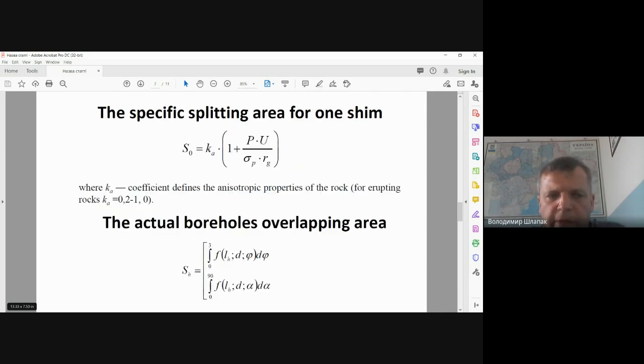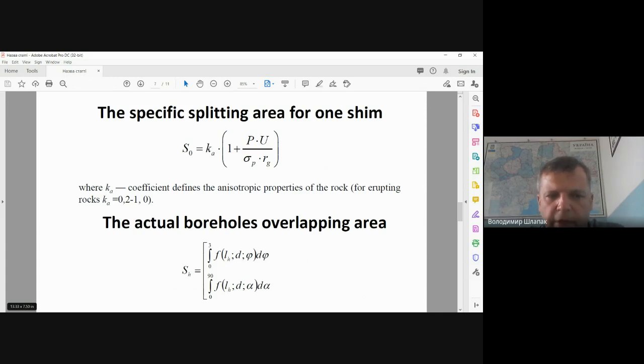To determine the specific splitting area for one shim, a dependence is used which takes into account both geometrical parameters of splitting and the anisotropic properties of natural stone, which makes it possible to use it in different deposits.